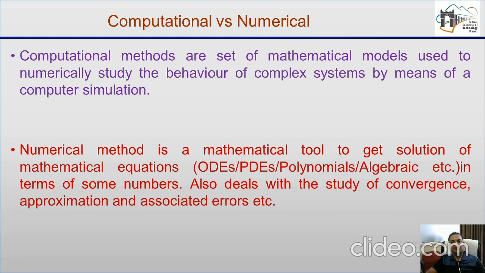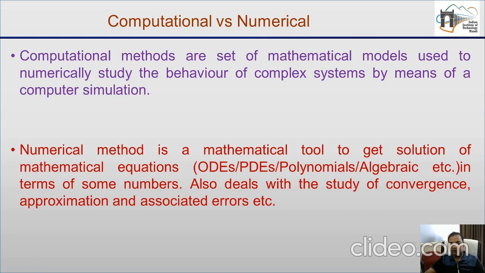So basically in computational methods we will have a set of different numerical techniques that we use to get the solution. But in a numerical technique we will have some approach to get the solution of a particular differential equation in terms of numbers. Like if we have an algebraic equation or polynomial, then we need to get the roots.